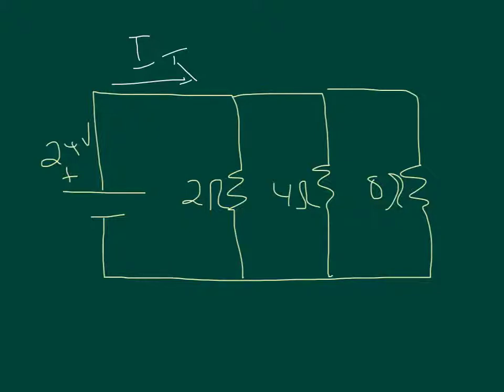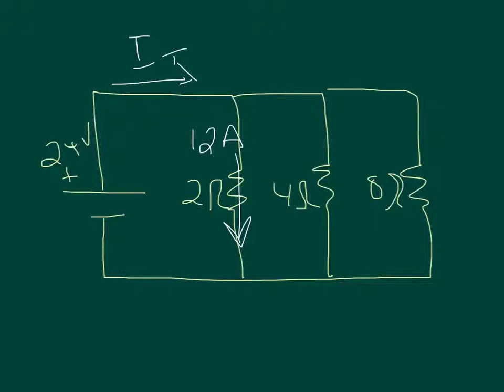Once again, we're going to go into our bag of tricks and grab Ohm's law. I is equal to V divided by R. Well, V is 24 divided by 2 is 12 amps. 12 members of the Ampere family go hurtling through that resistor.